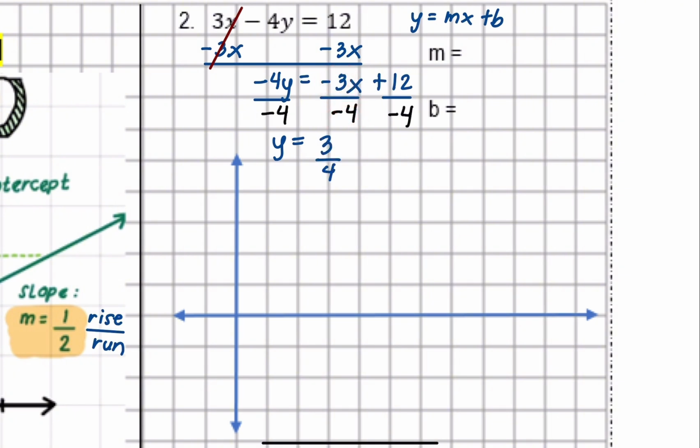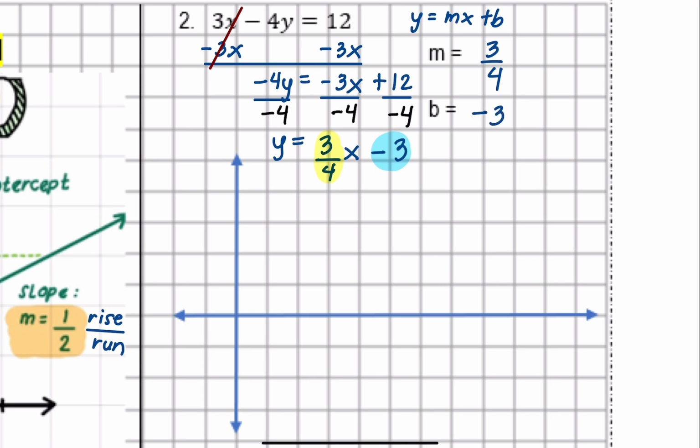So we will have 3/4 x, and then positive 12 divided by negative 4 is negative 3. Now, this is in the slope-intercept form already, therefore we can determine what is our m and what is our b. Again, class, our m is the slope and that is the coefficient of x, the number beside x, which is 3/4. And our b, or y-intercept, is the constant, which is negative 3.